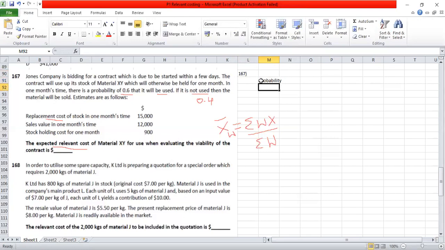So probability is, for the first option it is 0.6, for the other option it is 0.4. Then we have to look at the cash flows. One cash flow is 15,000, and the other cash flow is 12,000. So let's put these cash flows.